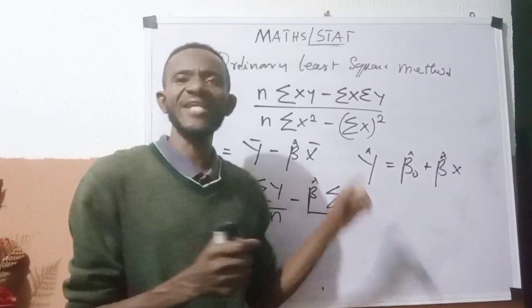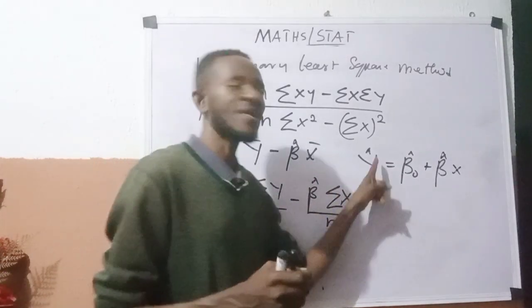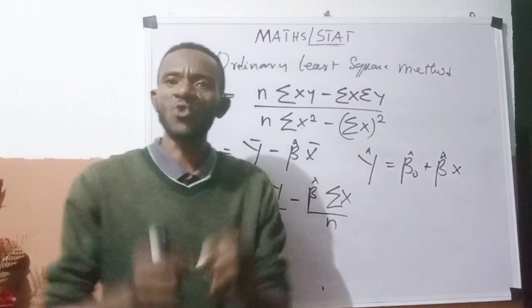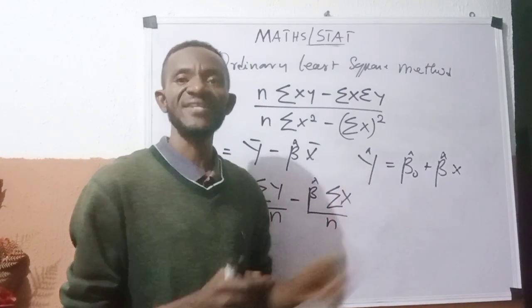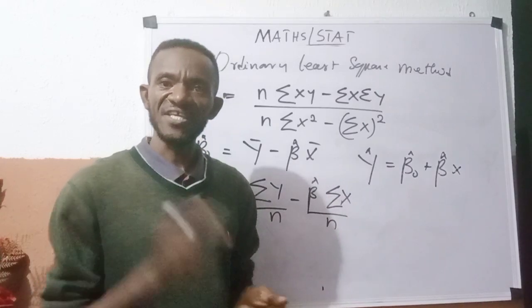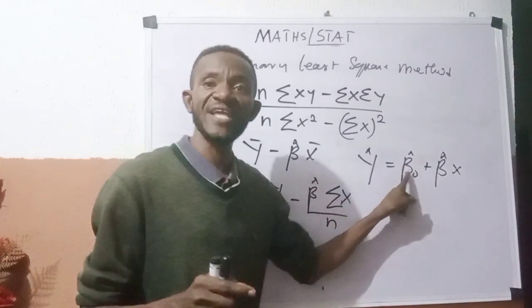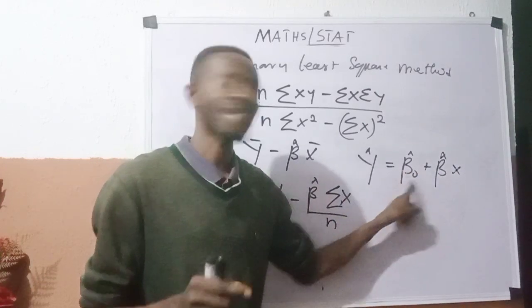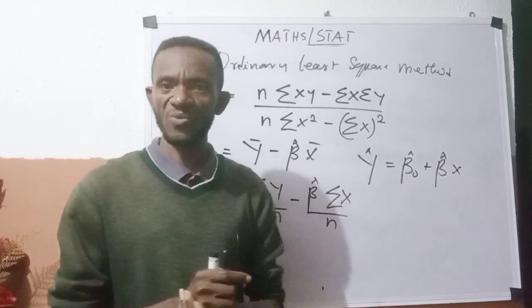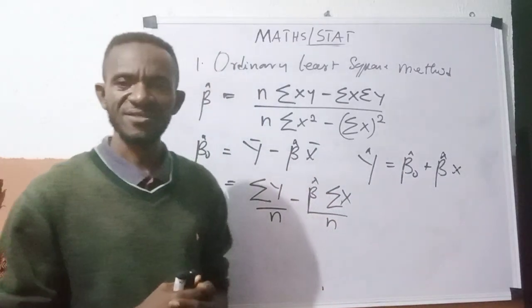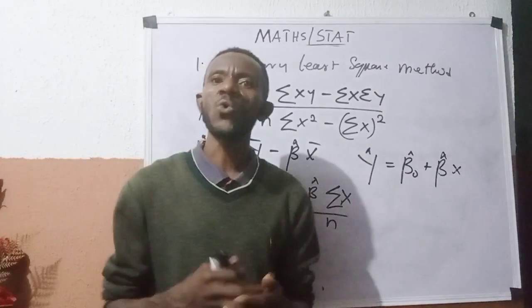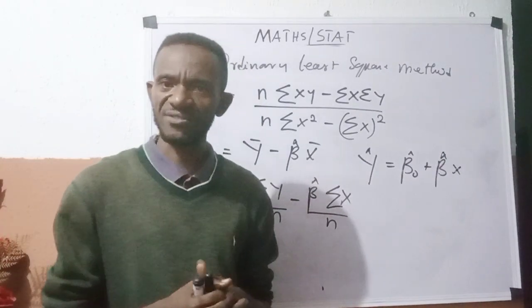How do we know whether our model or our equation is capable of predicting correctly the value of our dependent variable, given the estimates of this intercept and this slope? And that will bring us to another thing that is called coefficient of determination.